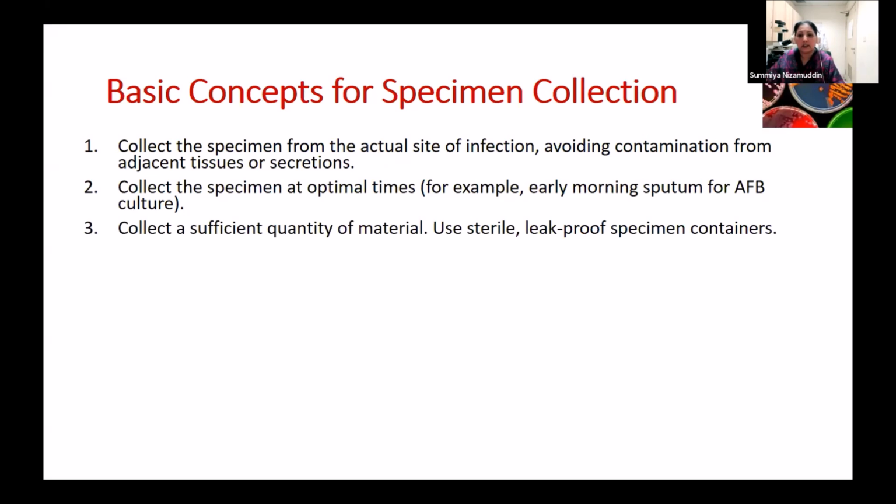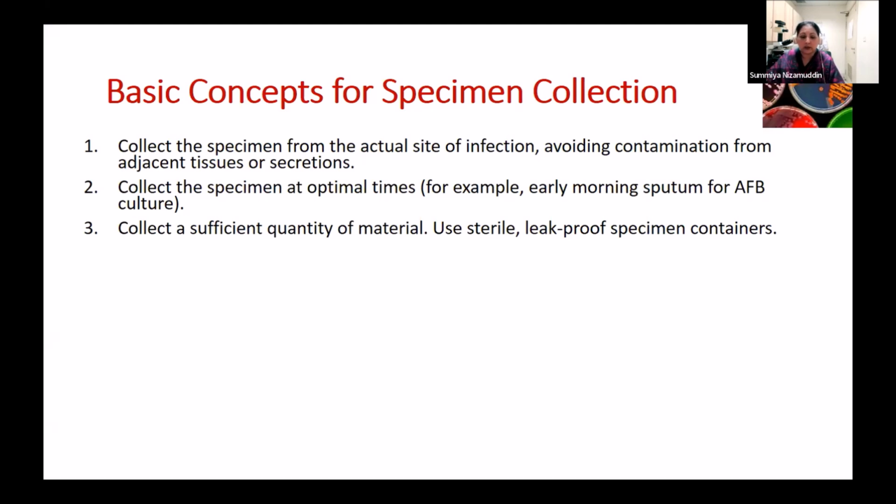Collect a sufficient quantity of specimen and use sterile leak-proof specimen containers. And I cannot emphasize enough, whenever sending samples to microbiology, you have to ensure that the sample is sterile, and the container is sterile, and the container is leak proof. This needs to be ensured every time you're sending a sample to microbiology, and you have to of course ensure that you have sent a sufficient quantity of material as well.